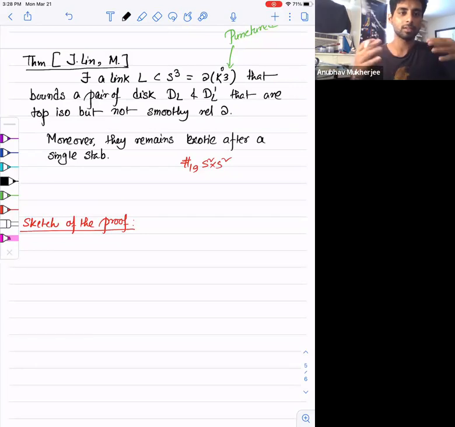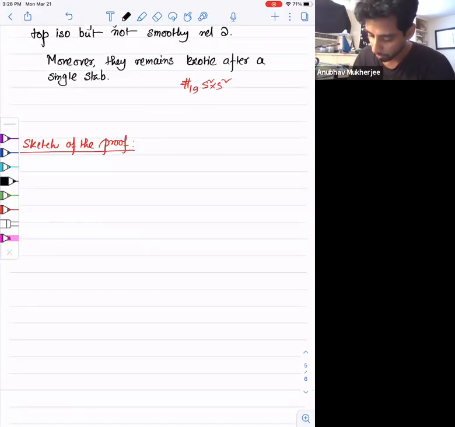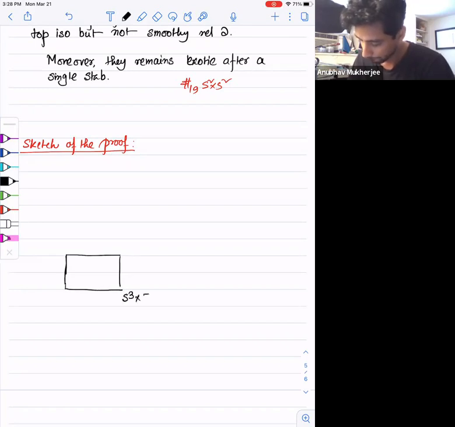Okay, so let's recall how we can construct a punctured K3. Our most useful way is to use handle calculus, or Kirby calculus. In that framework, we start with S3 cross I, and then we attach a bunch of two-handles on top.